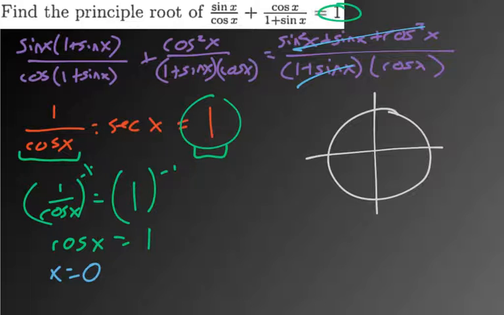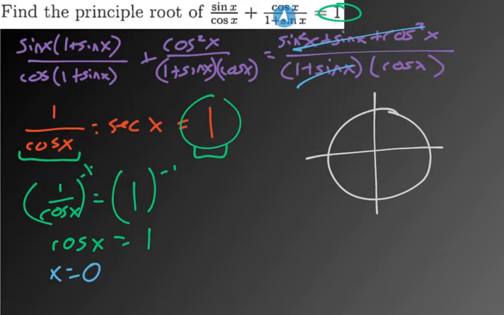And you should definitely check the domain again, like make sure that if you plug in x equals 0 here, you don't get some weird undefined thing. Cosine of 0 is 1, we just did that here. That's going to be fine, and 1 plus sine of 0 is 1 plus 0, which is just 1.